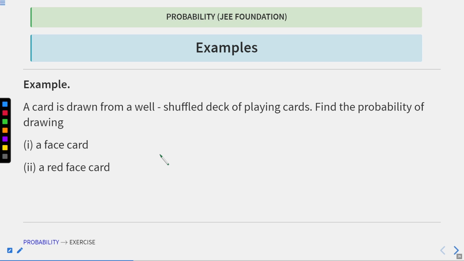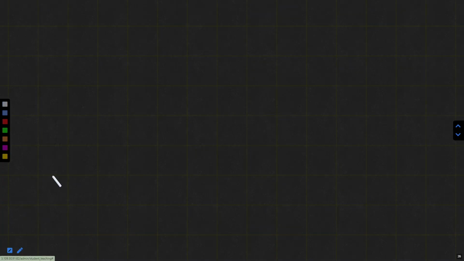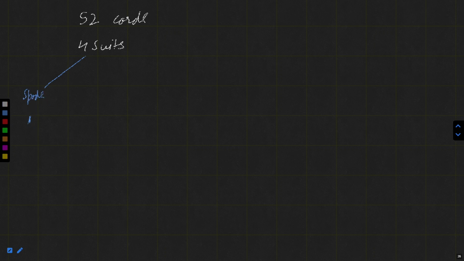Let's see more examples. Now this example belongs to card theory. Let me recall cards to you. In total there are 52 cards, divided into 4 suits. One is spade, which looks like this.